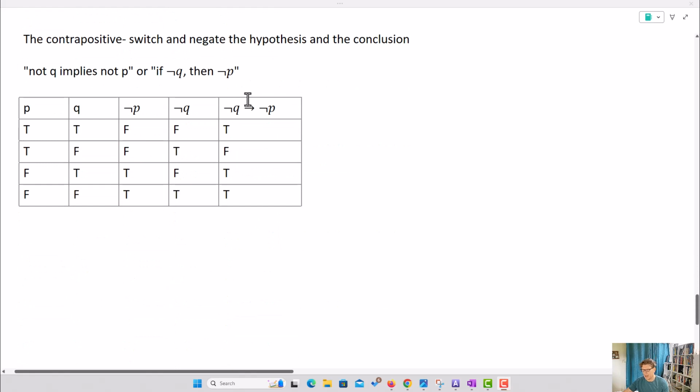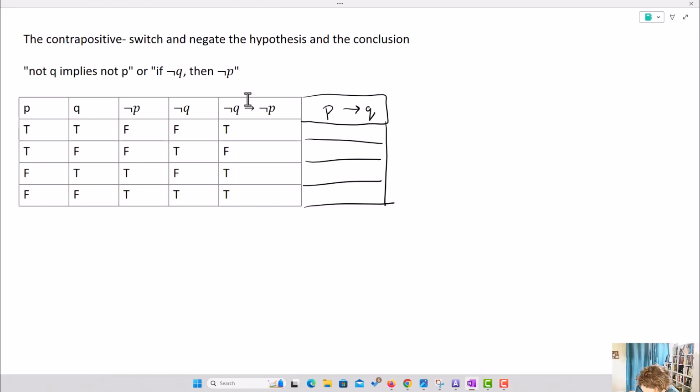So I'll actually write that out. If you remember, P implies Q gives us T, F, T, T. That is, our hypothesis is true, our conclusion is false. And in this case, not Q is the hypothesis, and the conclusion is not P, so true implies false, and that's why we end up with the false.